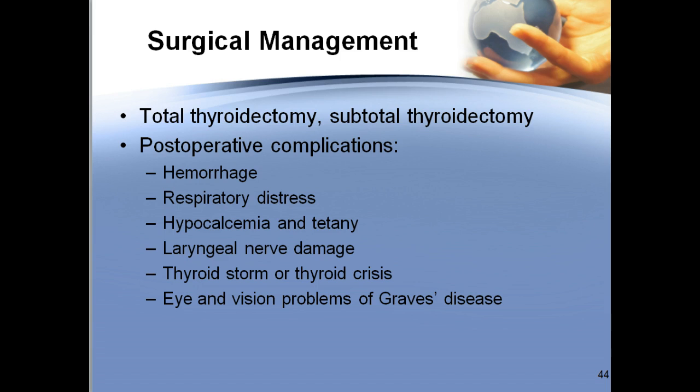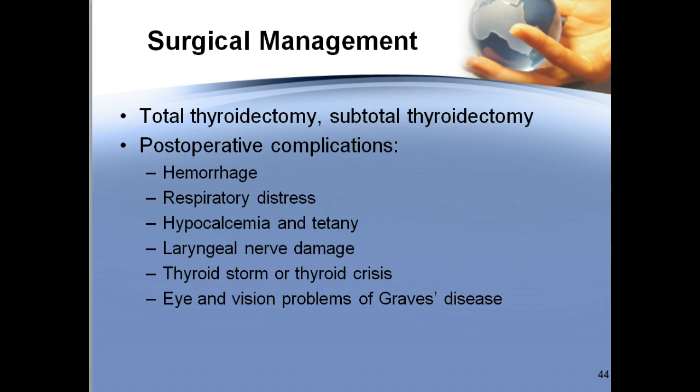You want to look at hypocalcemia and or tetany, which is a result of hypocalcemia. We talked about that last unit because a lot of times your body reacts when you take away the thyroid right away. And remember, we talked about how that is in relation to the calcium in your body.